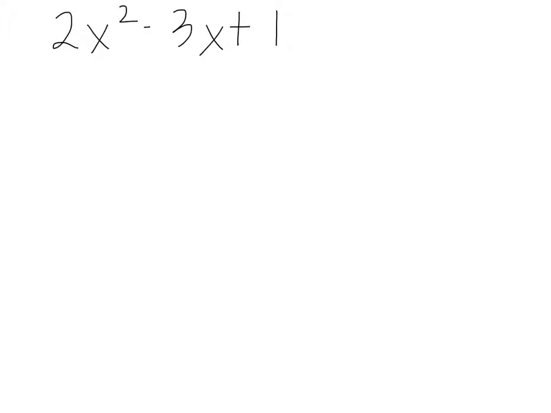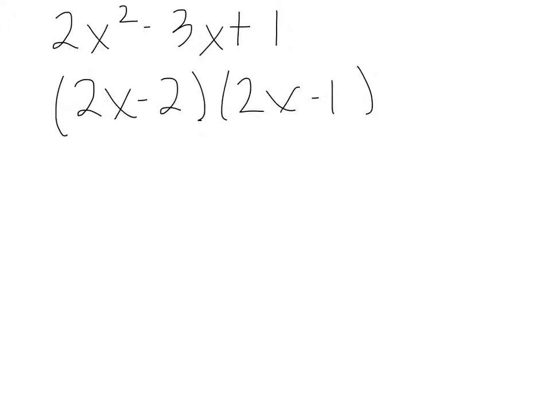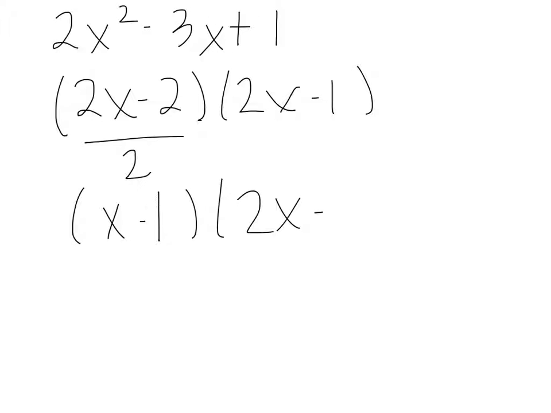Okay, and so we're going to factor this, and we're going to do 2x minus 2 times 2x minus 1. And we're going to divide this by 2, and we are going to get x minus 1 times 2x minus 1. We're going to set those both equal to 0.